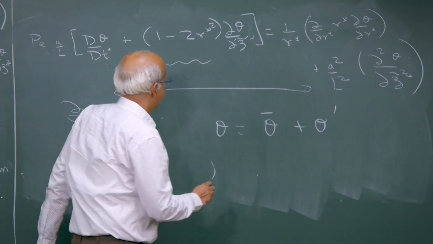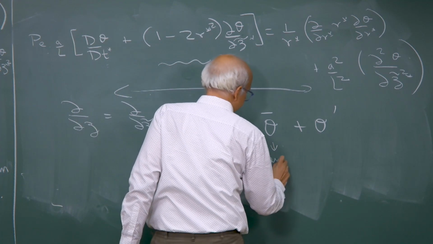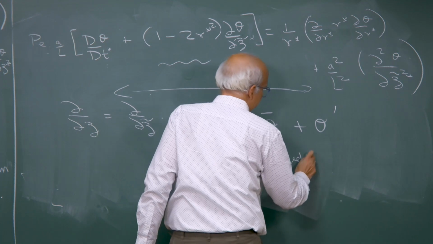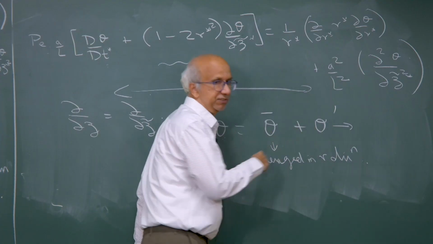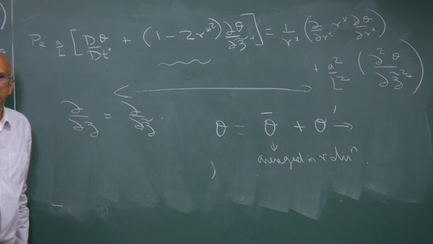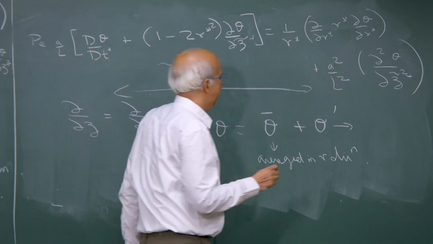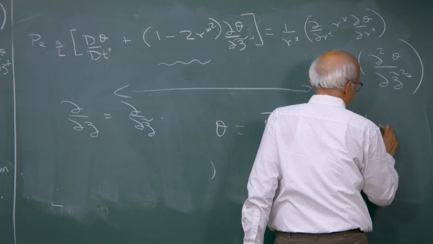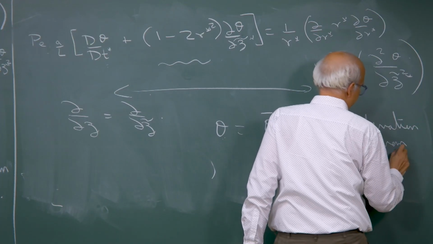Okay. This is actual theta, this is averaged in the r direction. This is the difference of the actual theta from the average value. Okay. Theta prime is the deviation from the average.